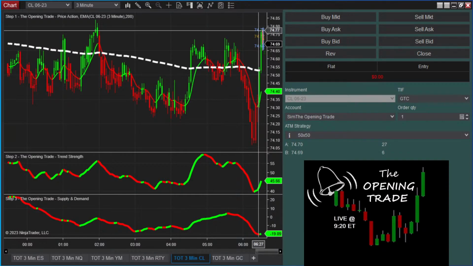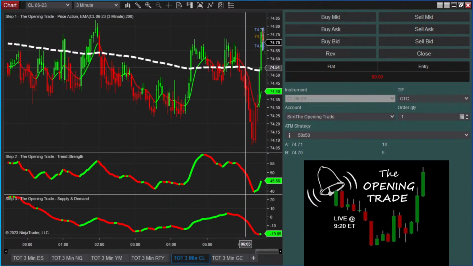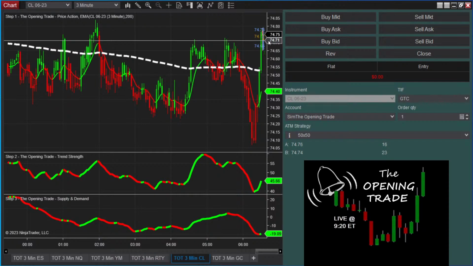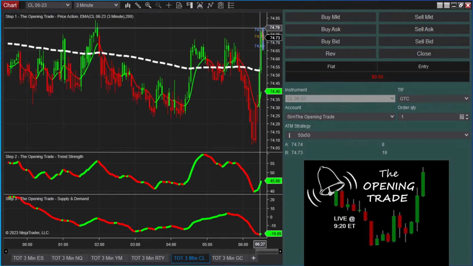So if I'm above the 200 period EMA, which is this big white dashed line, I try to use our three-step manual trading system, and that goes off of colors. I'm a colorful person, and I really like to be able to flip through all these charts and just look at the colors without having to really look at them.